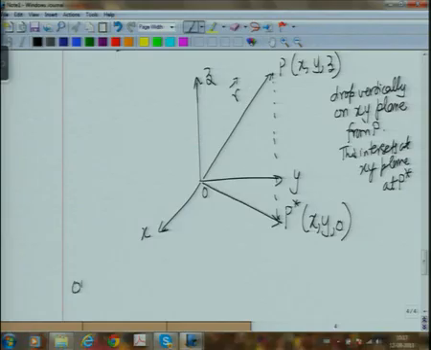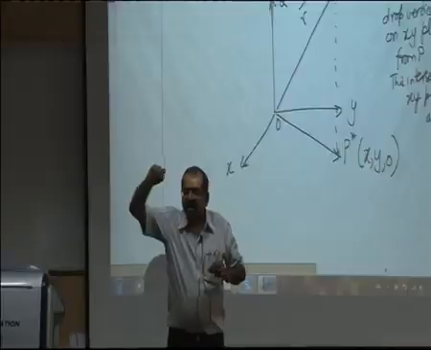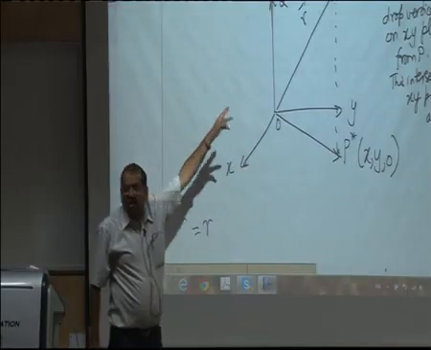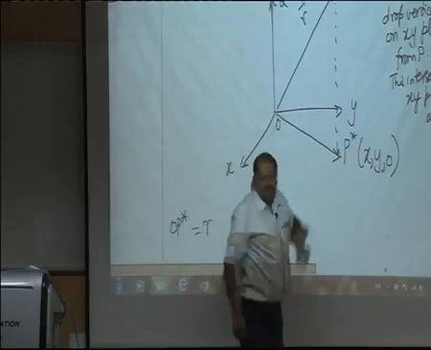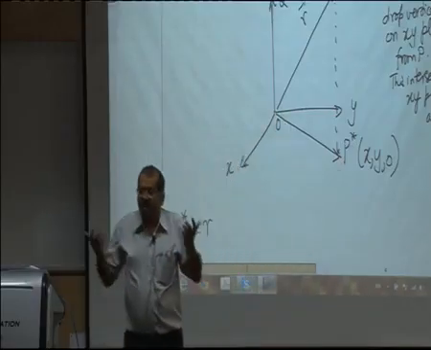The length OP star is defined as r. Notice this r that we are defining is not the scalar magnitude of the vector r. The magnitude of the vector r is the square root of x square plus y square plus z square, whereas the magnitude of OP star is the square root of x square plus y square.